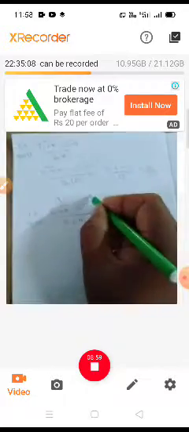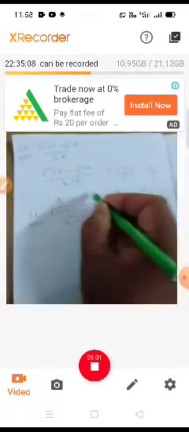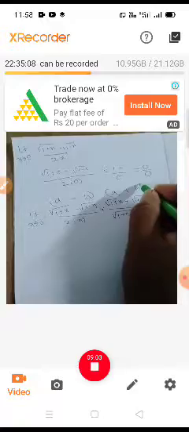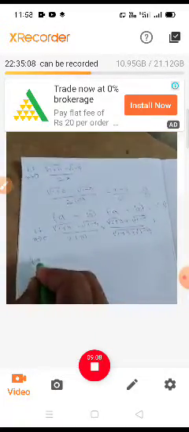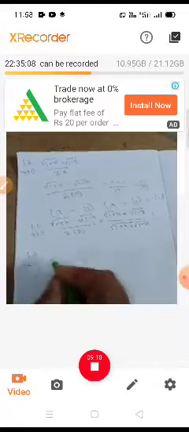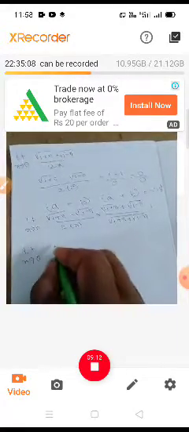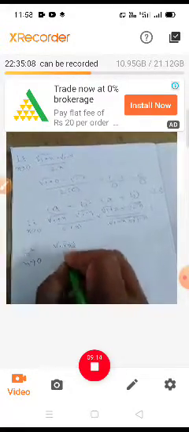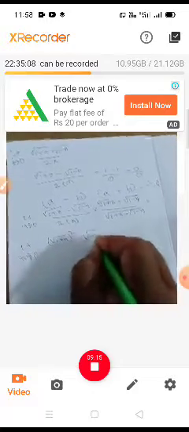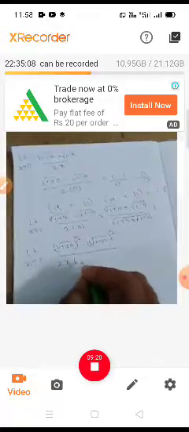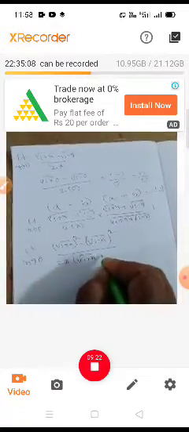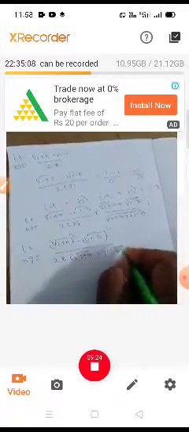Here this one is a, this one is b, so we have a minus b and a plus b, which is equal to a square minus b square. Limit x tends to 0, root 1 plus x whole square minus root 1 minus x whole square by 2x of root 1 plus x plus root 1 minus x.